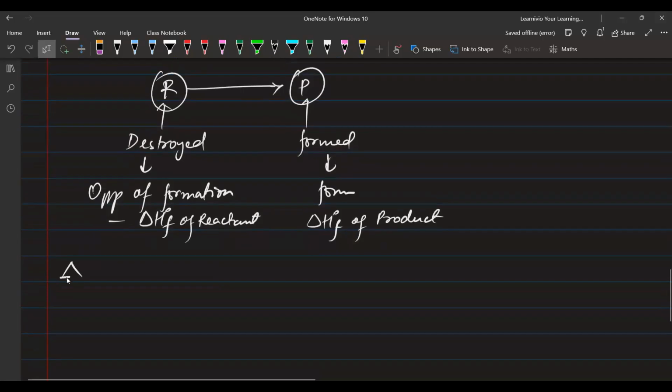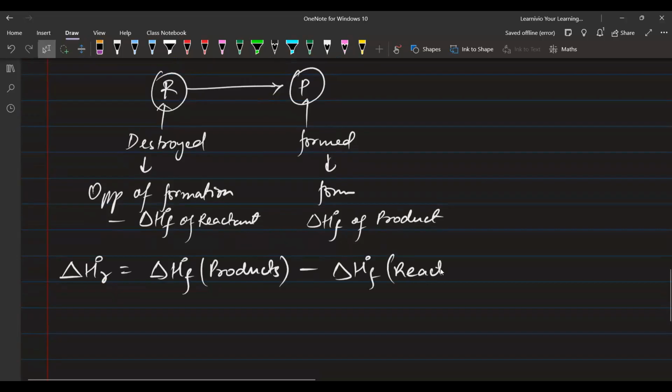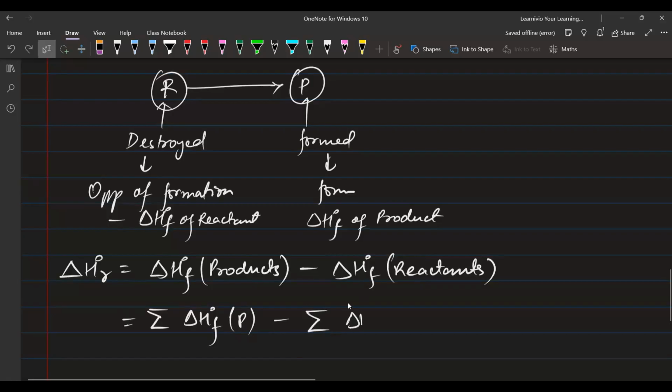So enthalpy of any reaction can be given as two things: the enthalpy of formation of the product, delta H naught F of the product, minus the delta H naught F of all the reactants. ध्यान से देखिए जरा, I can write it like this: summation of delta H naught F of the product minus the summation of delta H naught F of the reactant.